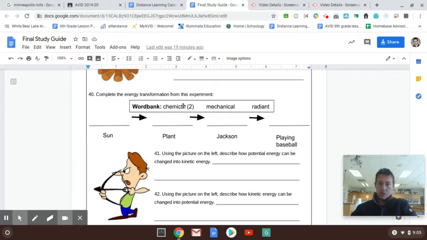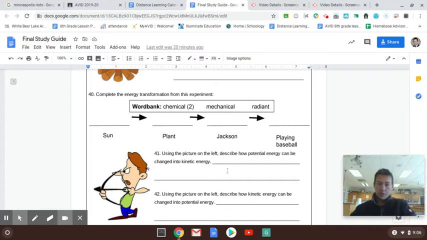So that's number 2 because it absorbs water, nutrients, and the sun. And then Jackson actually eats the plant and he gets its chemical energy stored in his body as well. Now Jackson goes and plays baseball and he's running and throwing and pitching. That means he's moving, and that turns the chemical energy in his body into mechanical moving energy for that one.